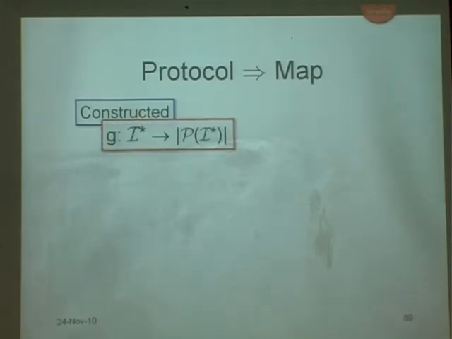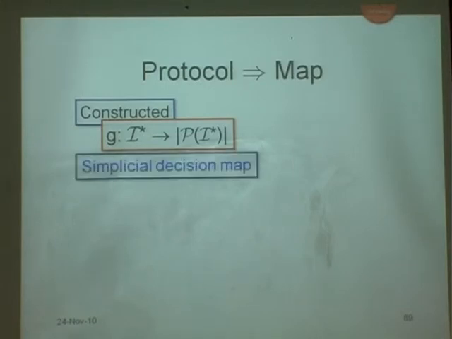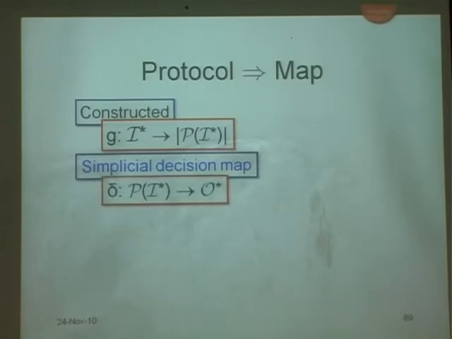So we constructed a map from the colorless input complex to the protocol complex. And what does the protocol do? Well, you run your protocol and everybody ends up on a vertex of the protocol complex, and you look at it and you say, oh, I know now I should decide 0 or 1 by applying this simplicial decision map that takes your vertex on the protocol complex and gives you an output vertex.